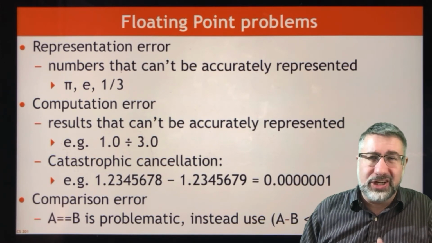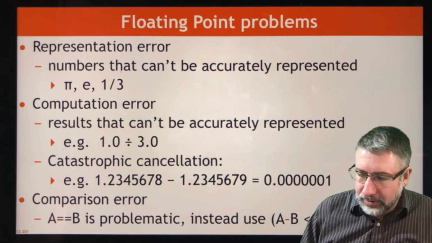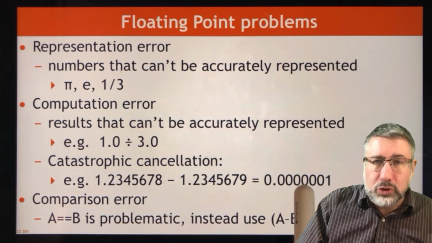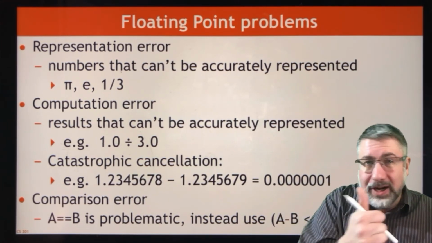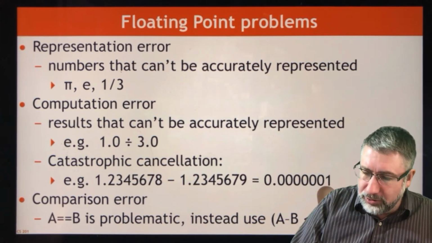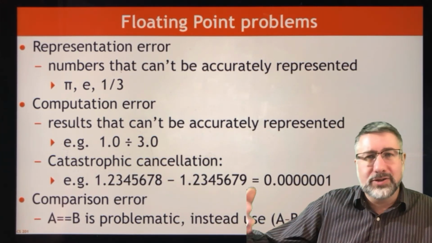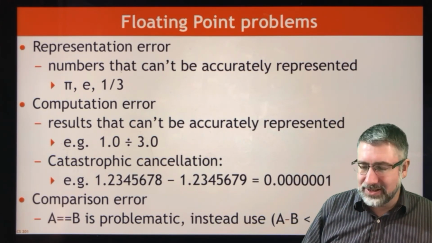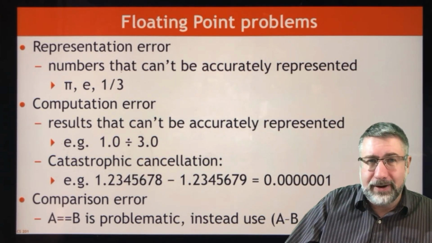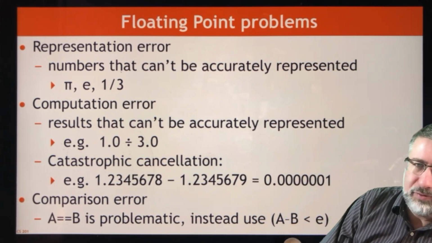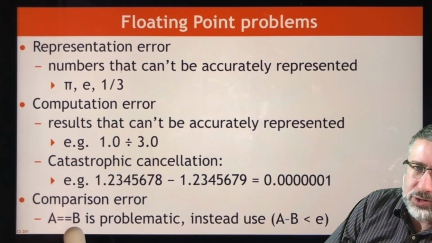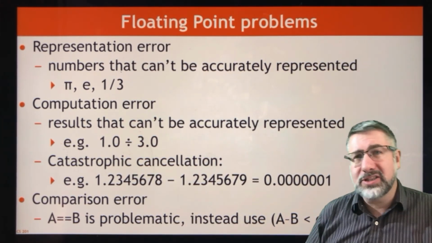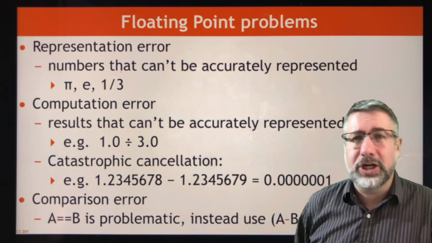If you have two numbers that are very precise, up to 6 or 7 bits of precision, and you subtract them, you lose all of that, and now you're down to 1 bit of precision because all the zeros before a number and all the zeros after a number don't count. It's how many significant digits you have access to, and now you only have 1, right? And then again, this is what I talked about before, comparing is problematic, so don't subtract, instead use the difference less than some epsilon. So these are some of the challenges and problems with floating point numbers.